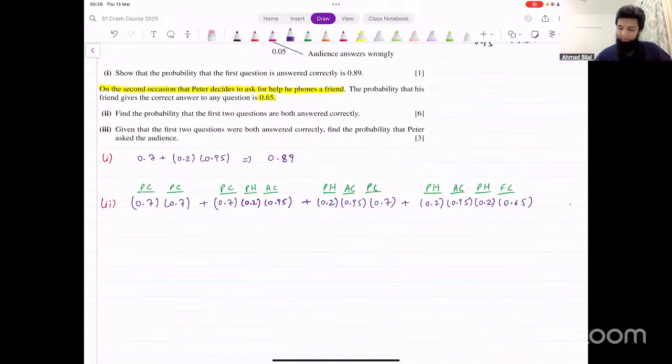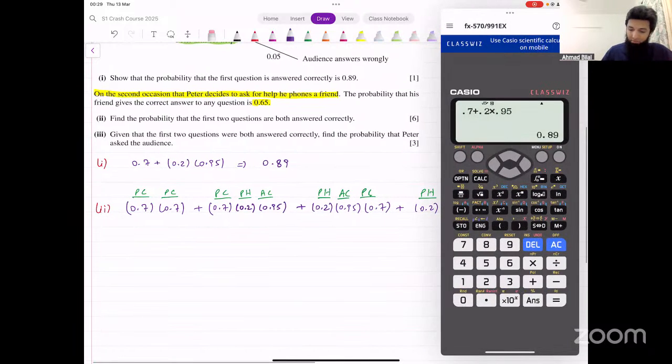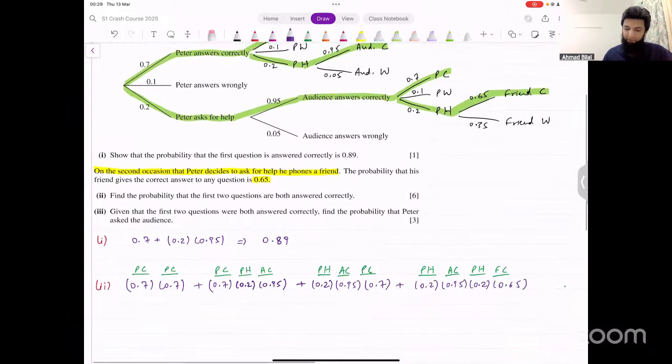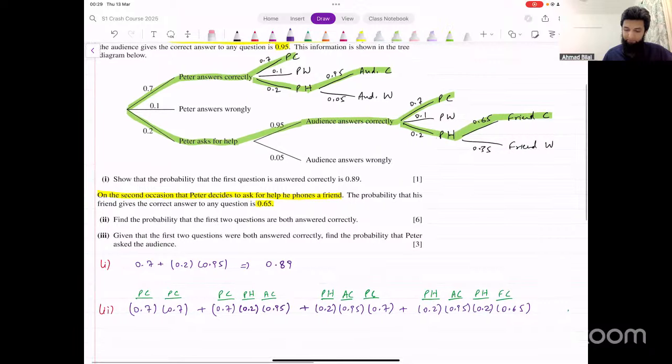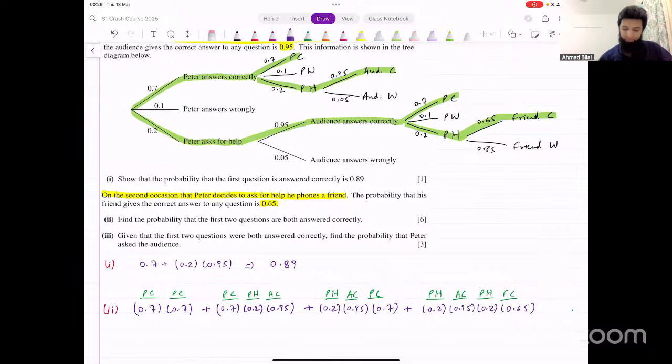Yes, Reza. Sir, I'm a little bit confused about the fourth possibility, because in the question it says that on the second occasion he asks for help, he phones a friend, but the probability that we've used is for the first time he's asked for help, 0.2. In the fourth case? Yes. So look at this.